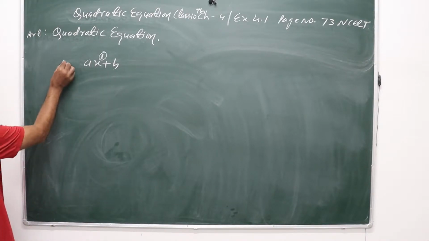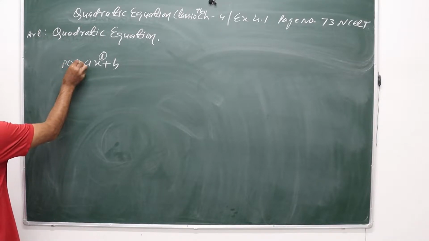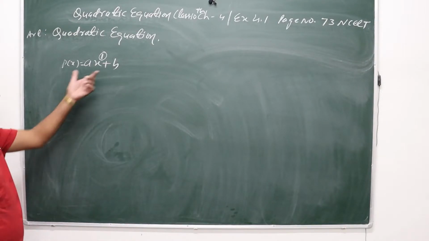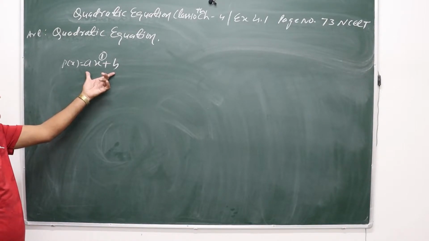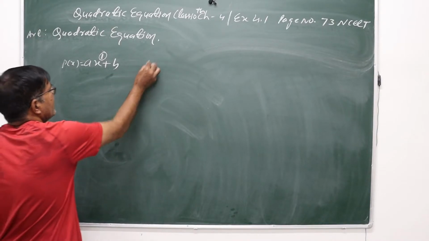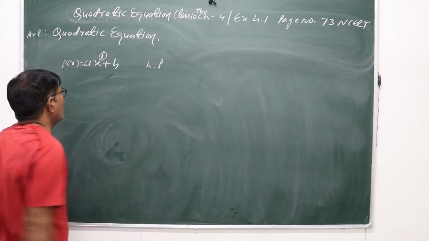And every polynomial is always represented by p(x), where x is the variable. So here, if the highest power of the given polynomial is x, that is, the degree of the polynomial is 1, then such a polynomial is known as a linear polynomial.